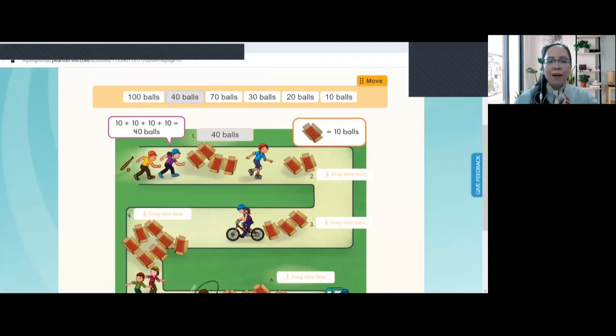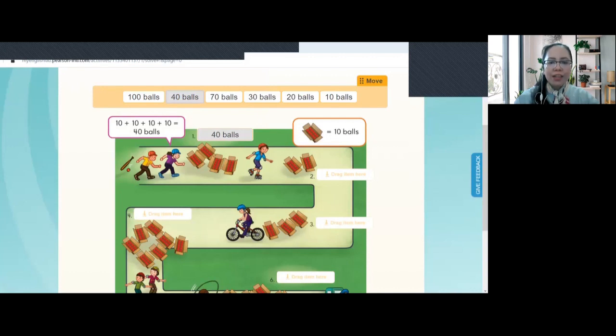Finally, we come to the last part of your task, that is workbook, page 17, number 10 and 11. In activity 10, you have to follow the path, count, and write the numbers.